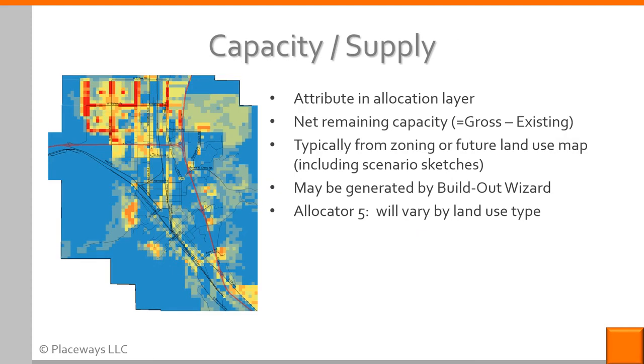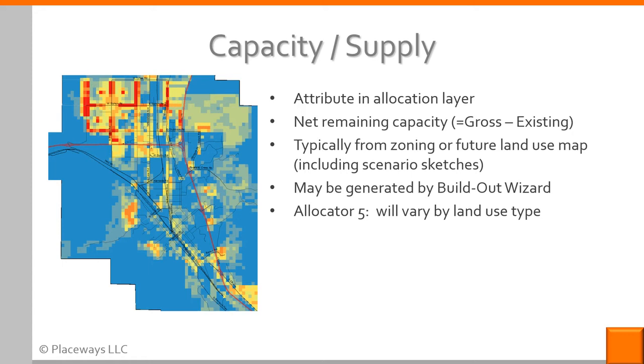Another required input for any allocation is the development capacity of each feature, also known as the supply. This needs to exist as an attribute in your allocation layer before you start running the allocation tool. It represents the maximum net amount of development each parcel can support per plan, which is the gross capacity minus any existing development.